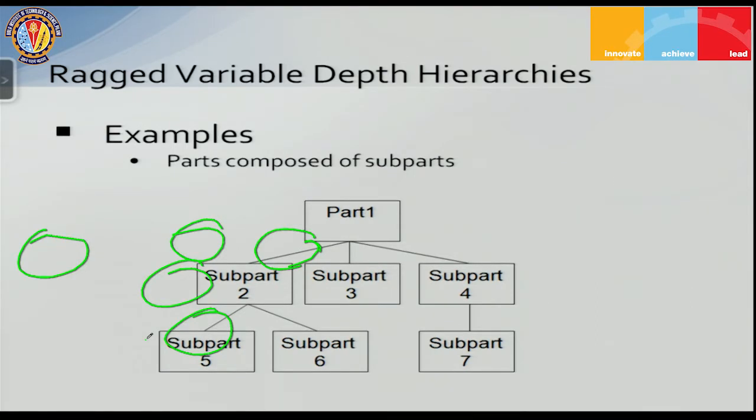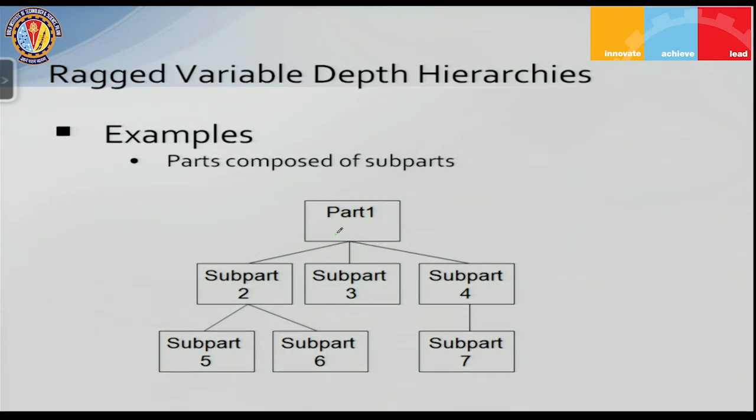I'm trying to talk about parts composed of subparts. So there can be a part, part 1, which is comprised of these 3 parts, right? And then subpart 2 is comprised of part 5 and part 6.